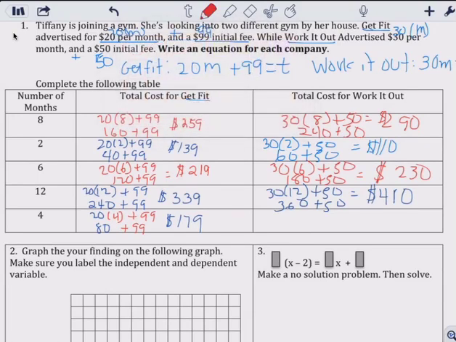Then 30 times 4 plus 50. That's 120 plus 50, $170. Oh, look how close that is. So it's cheaper when it's lower for Work It Out. If you don't go as many months, it's cheaper to use Work It Out. If you go a lot, by the table, more than 4, it's best to get Get Fit.